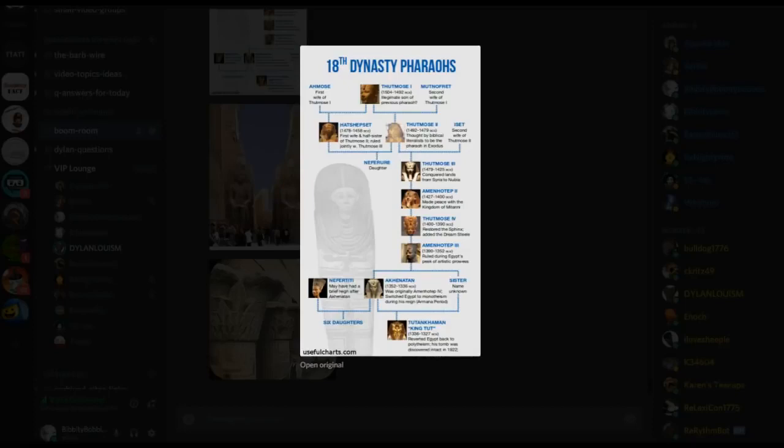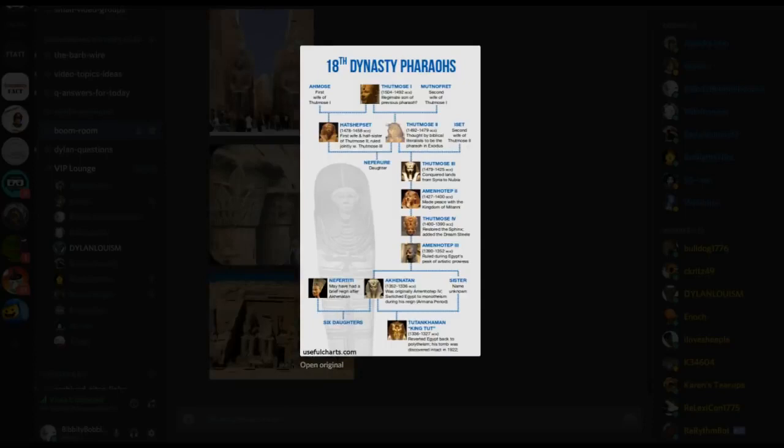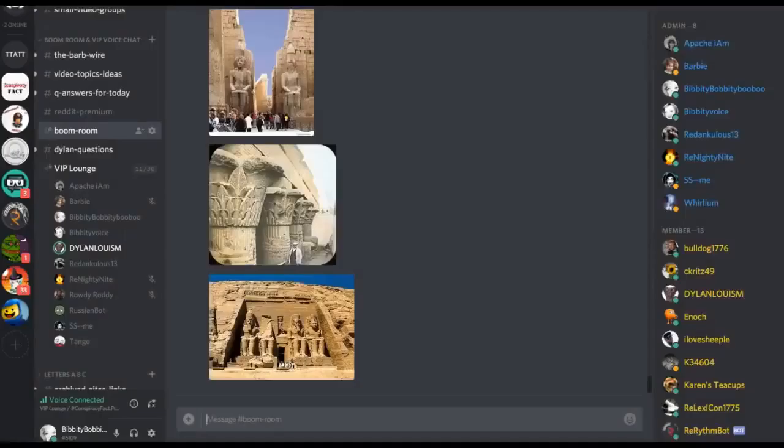So the 18th dynasty gets going, and the important pharaoh to recognize here is the pharaoh who was sort of, how shall I say, the black sheep of the 18th dynasty. This dude, Akhenaten, he basically tossed the old religion out and started this new religion called Atenism, which was the first religion, I think, in the world.